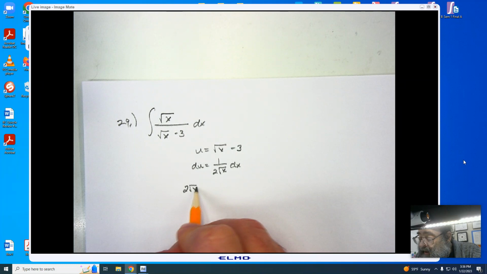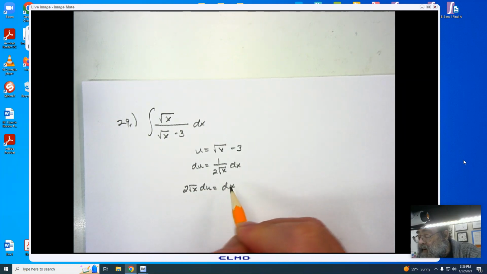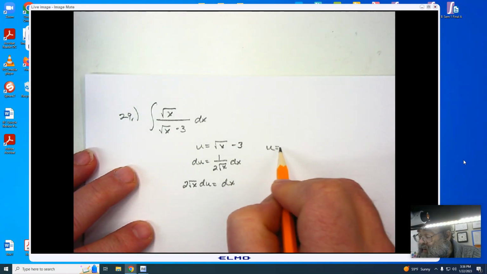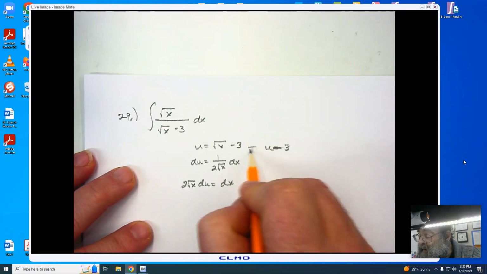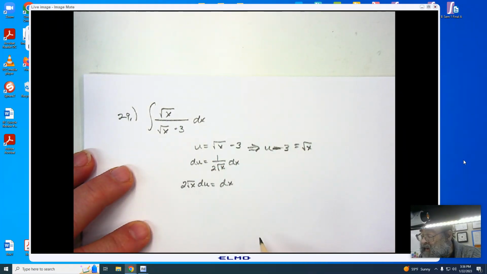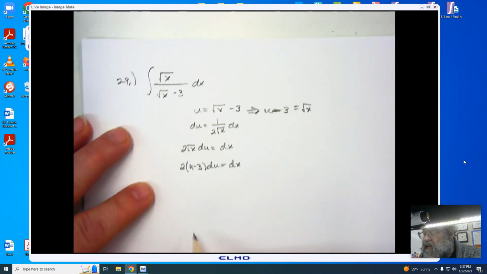So if I have 2 root x du equal to my dx, well, I'm going to first want to make sure that I have u minus 3 equal to the root x, because that'll get my denominator, but it'll also help me here so that I have 2 times u minus 3 du equals the dx.